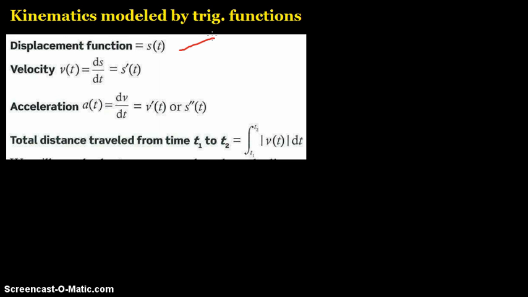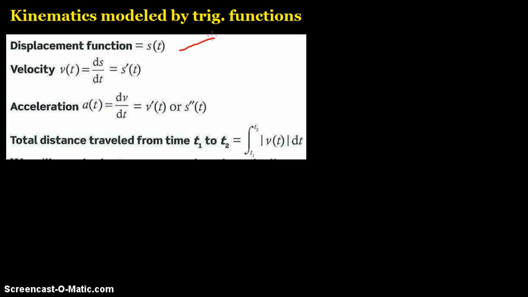So if the object is 2 meters east of where it started, then the displacement is positive 2. If the object is 2 meters west from where it started, then the displacement is negative 2.